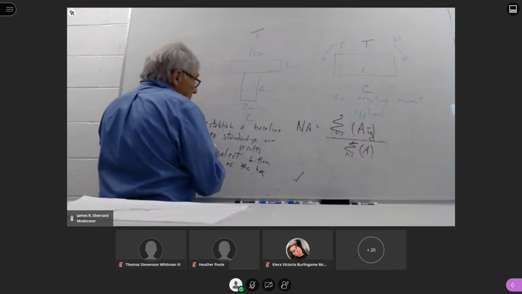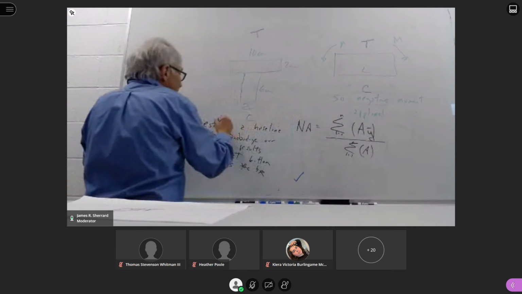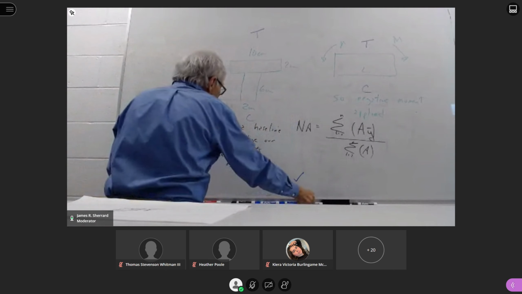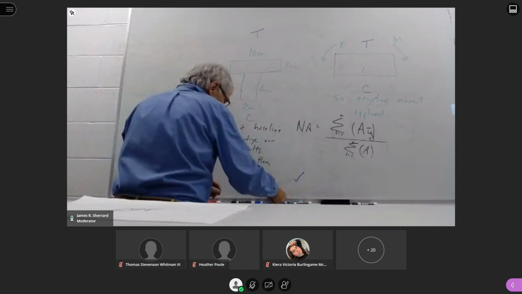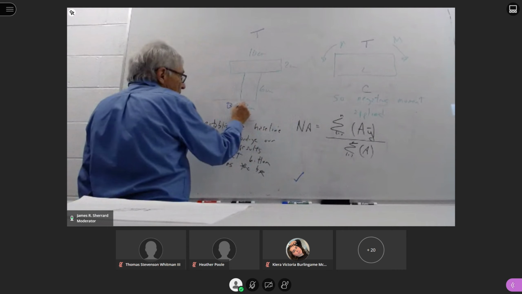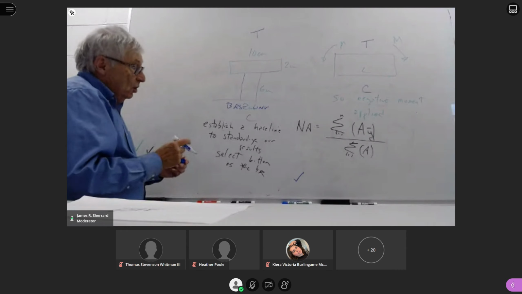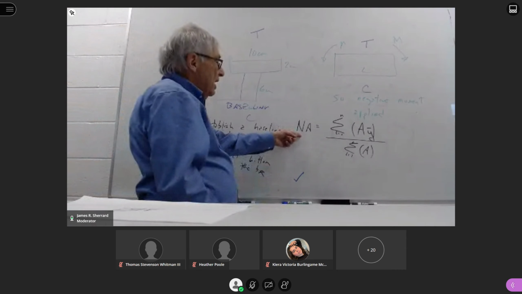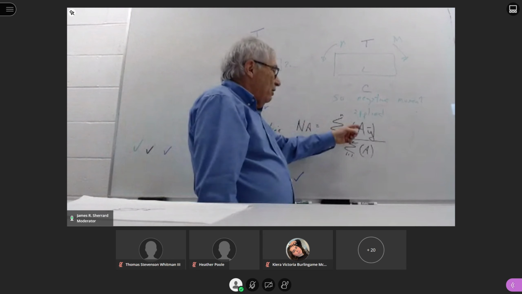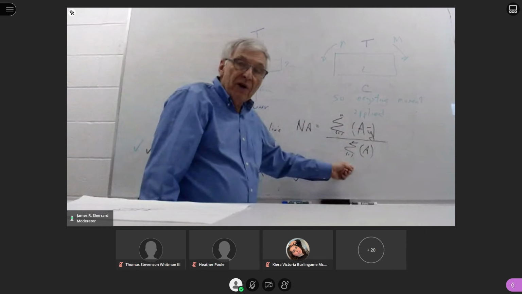So in this particular case, this is my baseline. My equation for calculating the neutral axis says we have to sum up all the areas times their centroids, then divide by the total sum of areas.